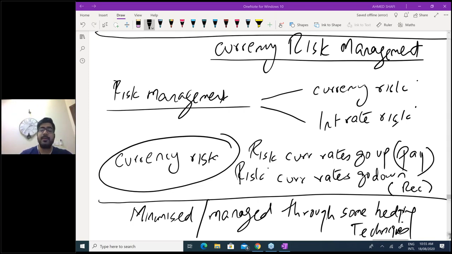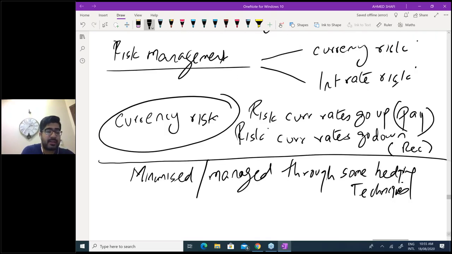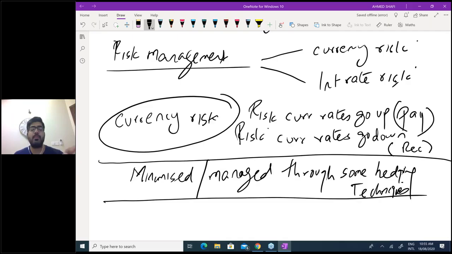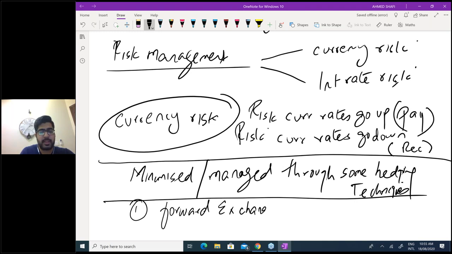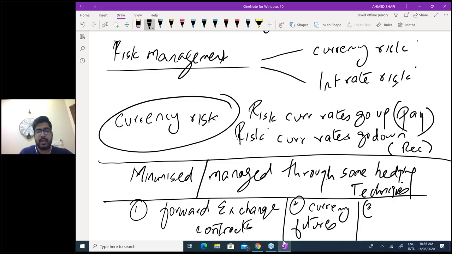Now, there are multiple hedging techniques in practice. However, we will be focusing on the three most commonly used hedging techniques. One is called forward exchange contracts, one is called currency futures, and one is called currency options.